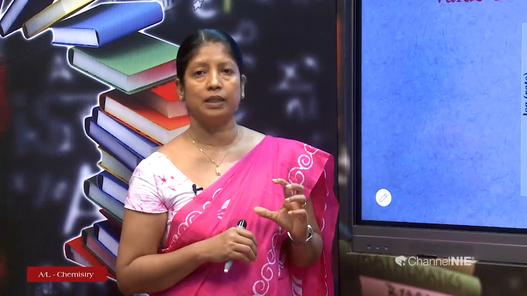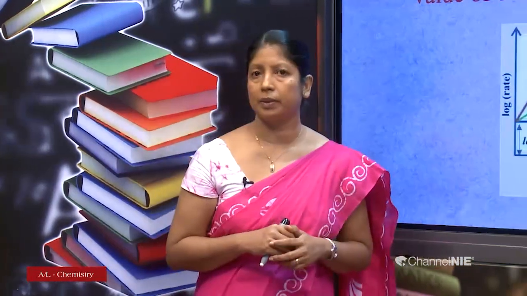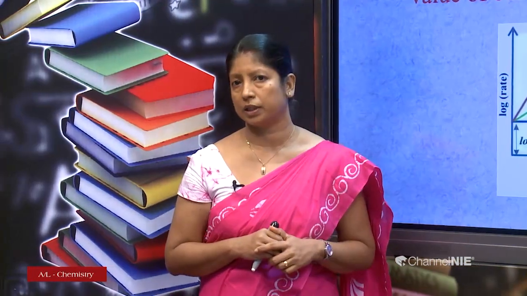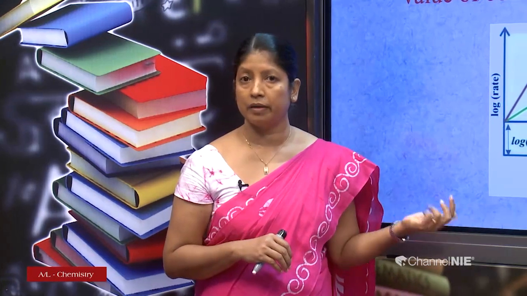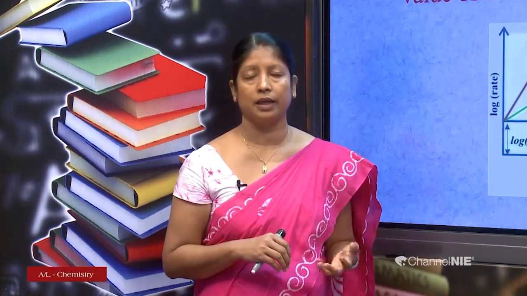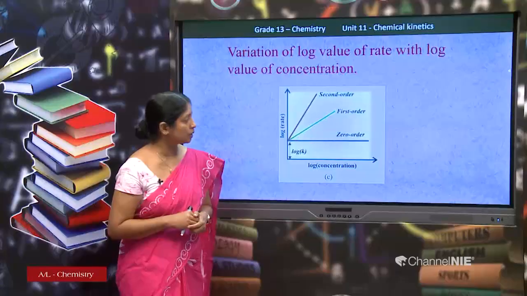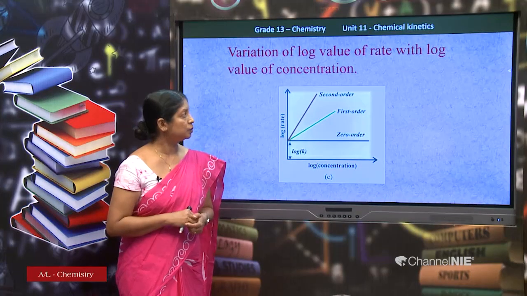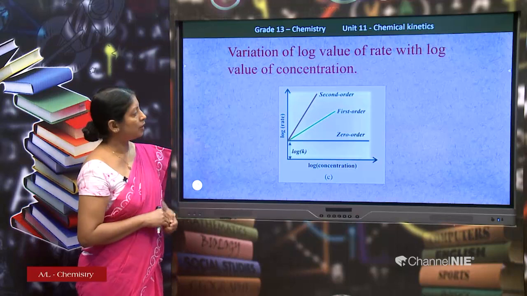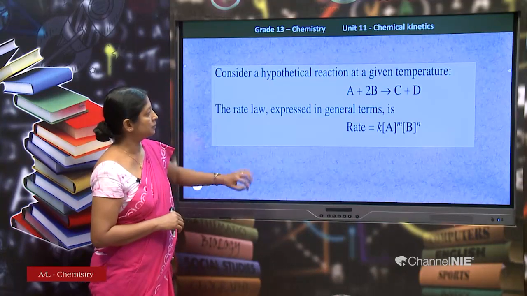That means just substituting the given experimental data in our rate law expression. Even though with the graphical method you can get the correct answer, it takes a lot of time to draw the graph. So, do not go for this method to find out the order with respect to a certain reactant.